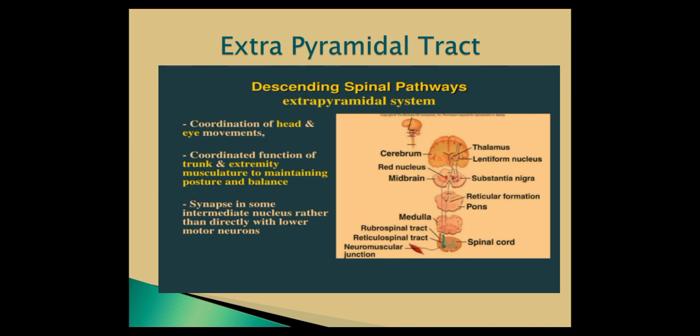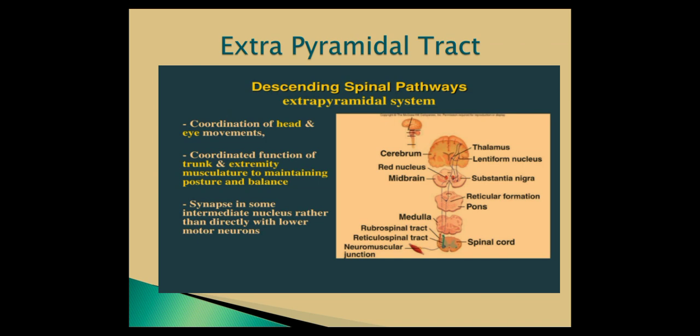It means that they regulate and modulate the extrapyramidal tracts, so they may be considered part of the extrapyramidal system. So extrapyramidal tracts are those tracts within the CNS which are not part of the pyramidal tract.